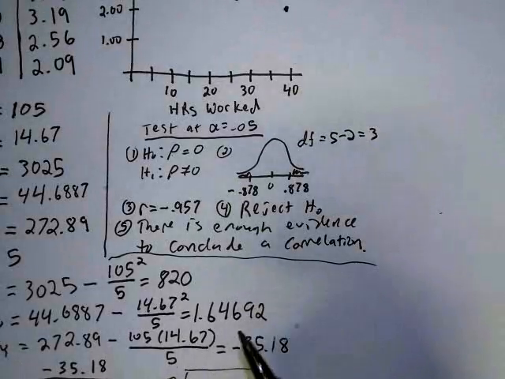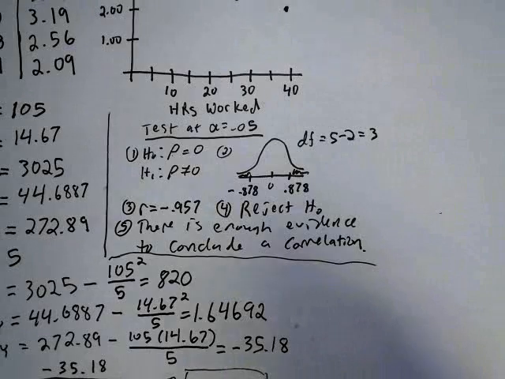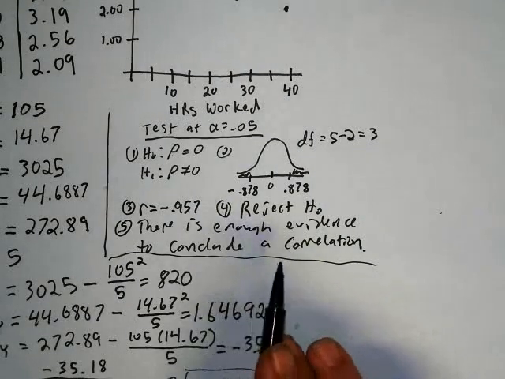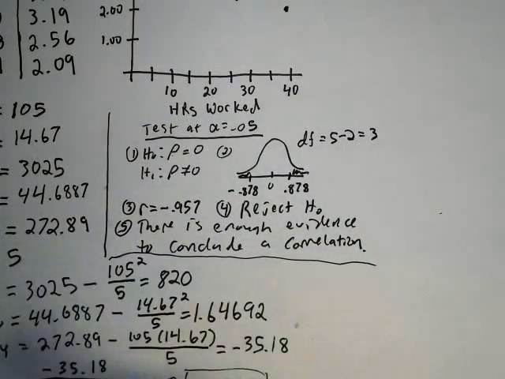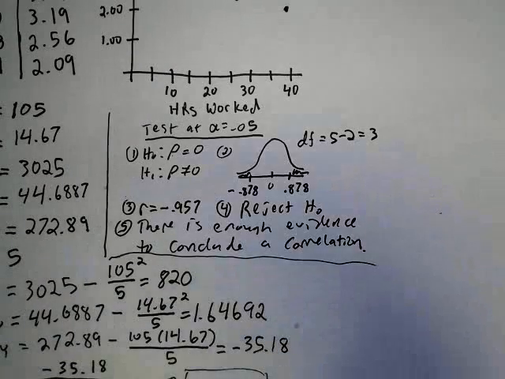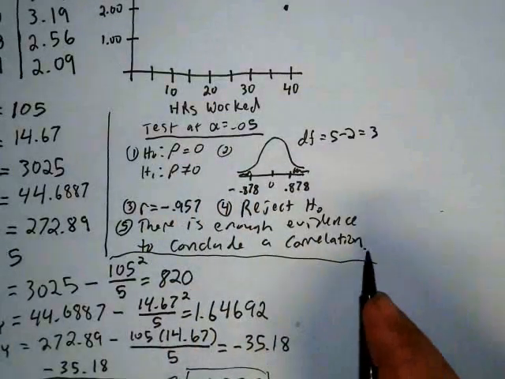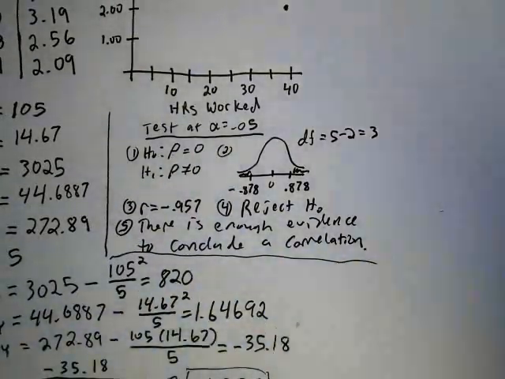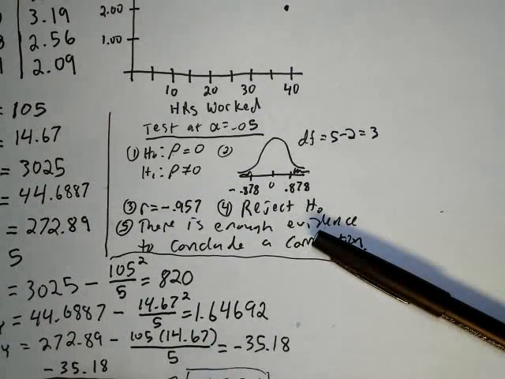But first we have to learn how to calculate the regression line, and one of the rules is you don't use a regression line unless you have enough evidence to conclude a correlation. Because if there's no correlation, then a regression line is not helpful. It wouldn't give you valid results. So you always want to be able to pass this test before you determine the regression line. And that's what we're going to do in the second half of chapter 10.